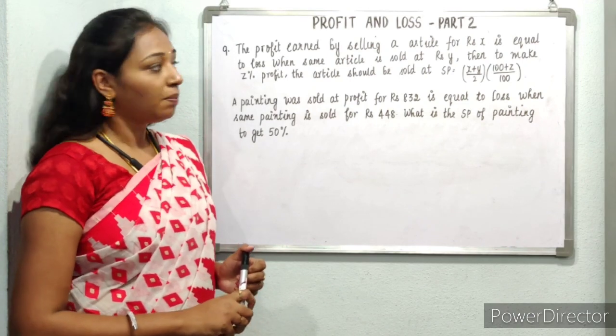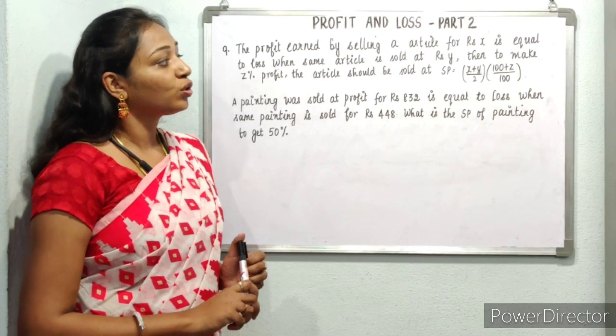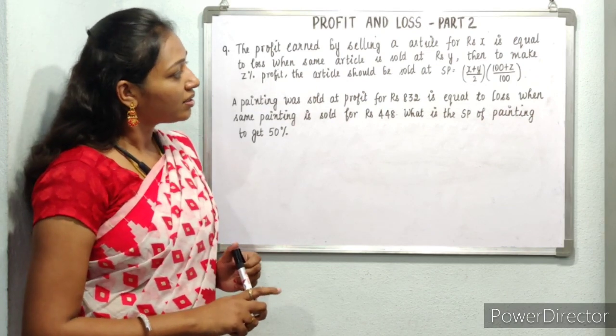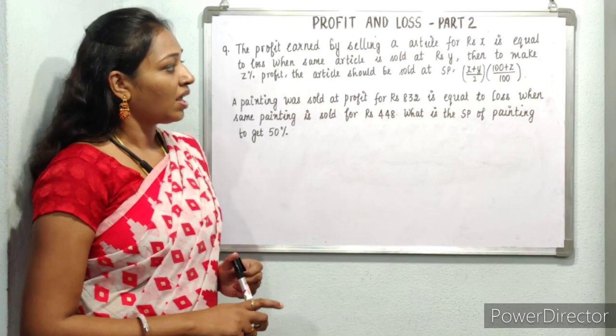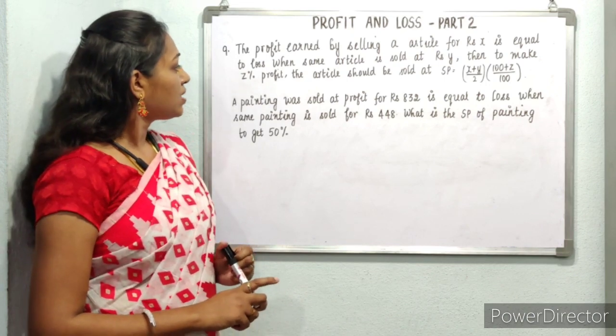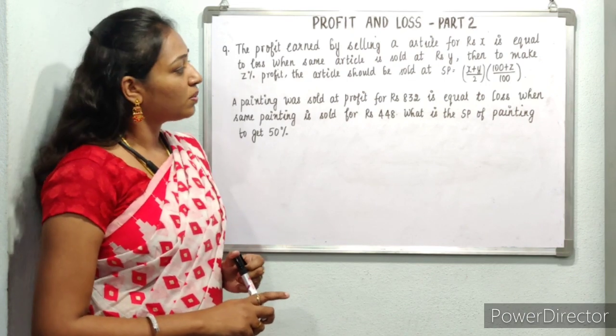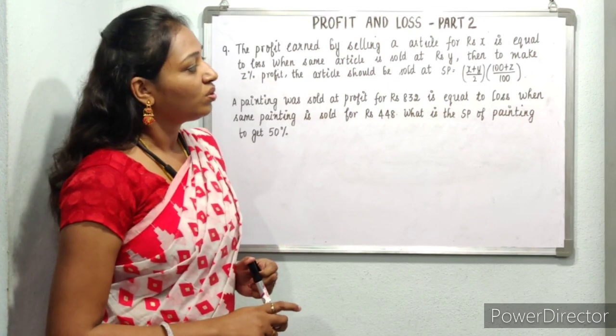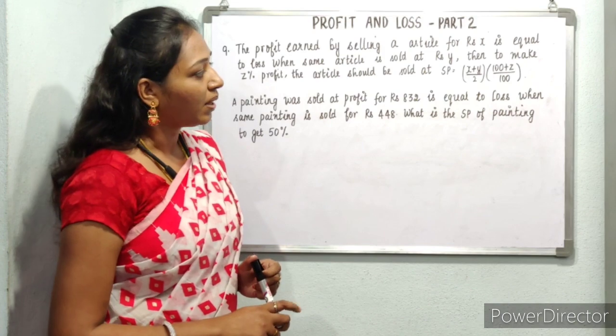The profit earned by selling an article for rupees X is equal to a loss when the same article is sold at rupees Y. Then to make Z% profit, the article should be sold at selling price equal to X plus Y divided by 2 into 100 plus Z divided by 100.